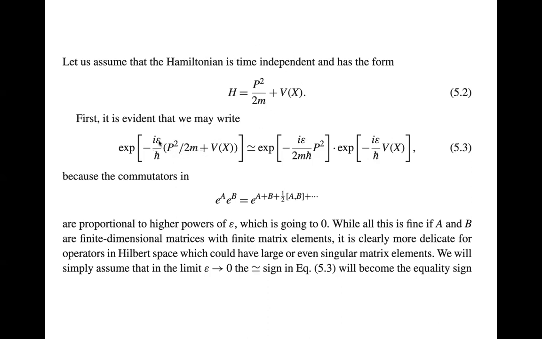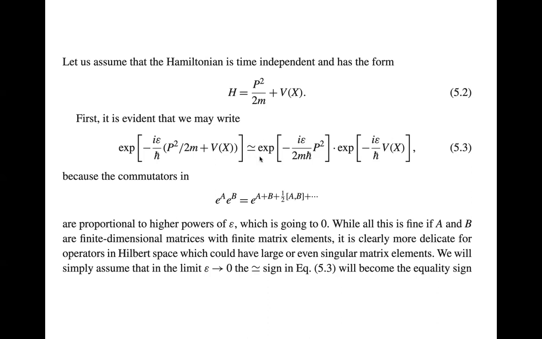Because epsilon is very, very tiny, one can expand this exponential into two pieces: the exponential of the kinetic part, multiplied by the exponential of i epsilon divided by h bar times the potential energy. If I try to be strict, this cannot be an equal sign; it is an approximate sign.